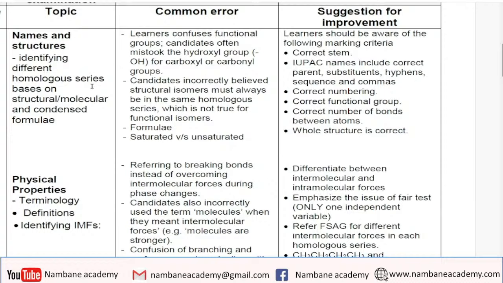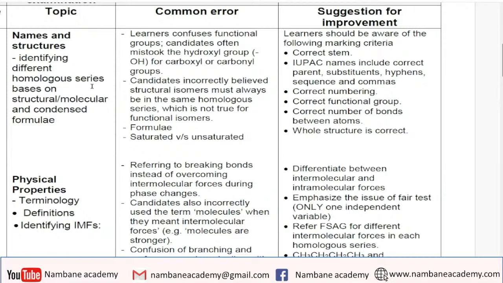So those are the principles that we must have. And the sequence will be the one where the substituent that comes first alphabetically must be written first. And when we look for alphabetical order, we exclude the di, the tri, and the tetra. We look at the actual substituent.